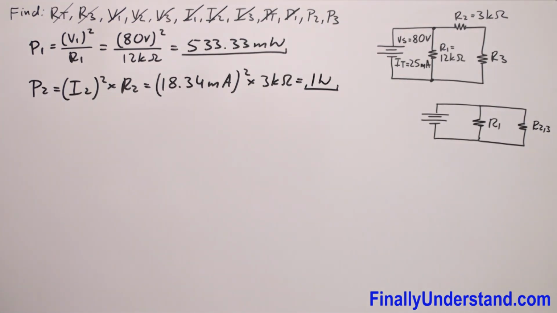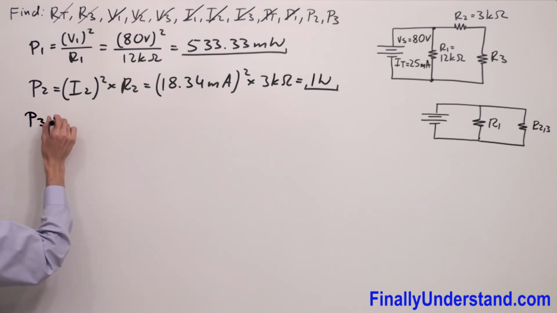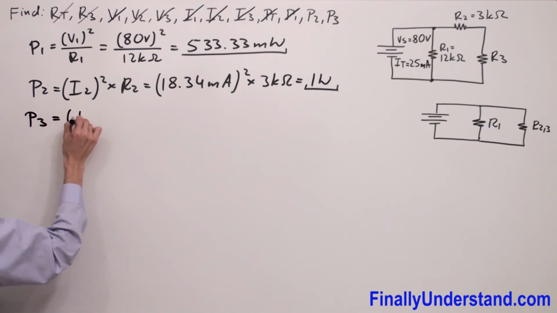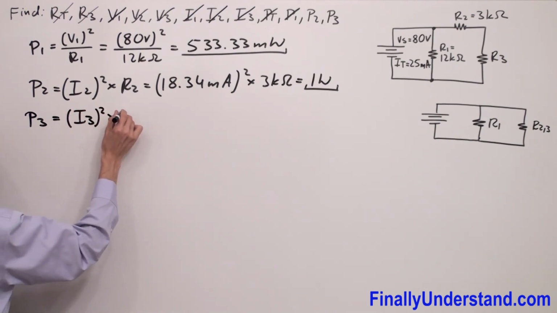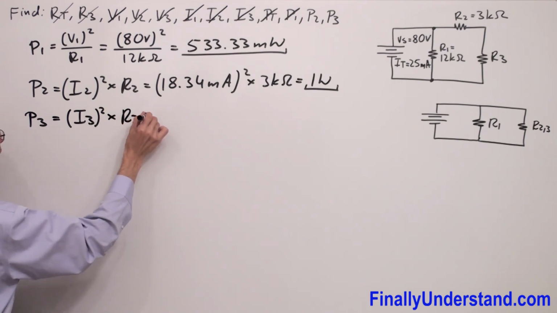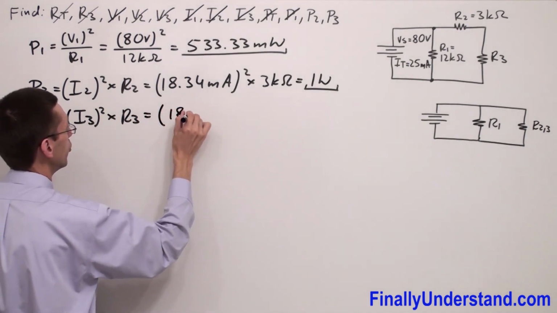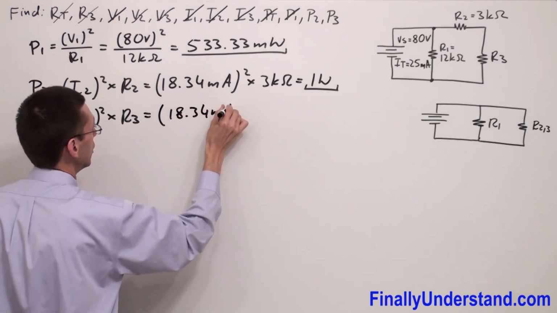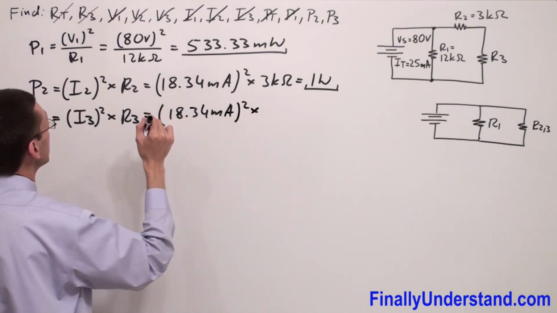Next, we're supposed to find the power at resistor R3. So I have I3 raised to the second power times R3. I3 we calculated is equal to 18.34 milliamps raised to the second power times R3.